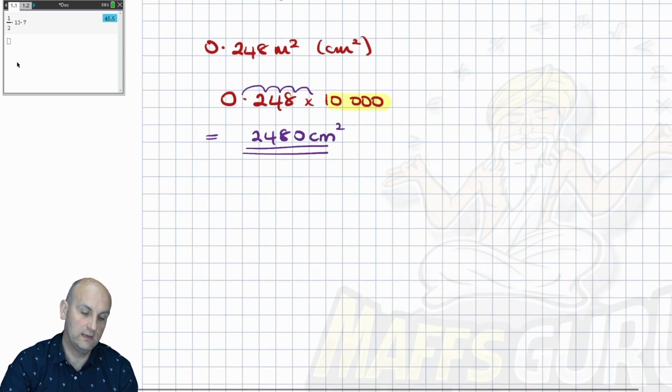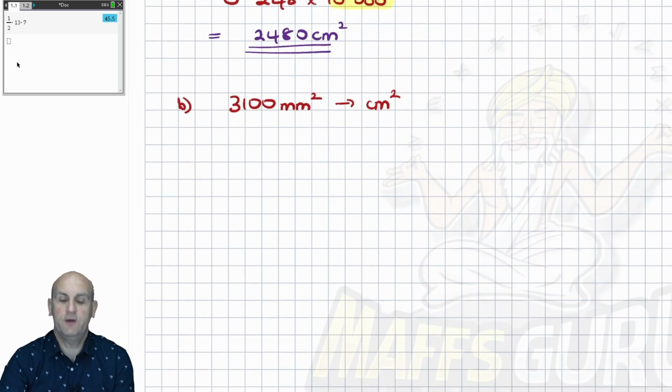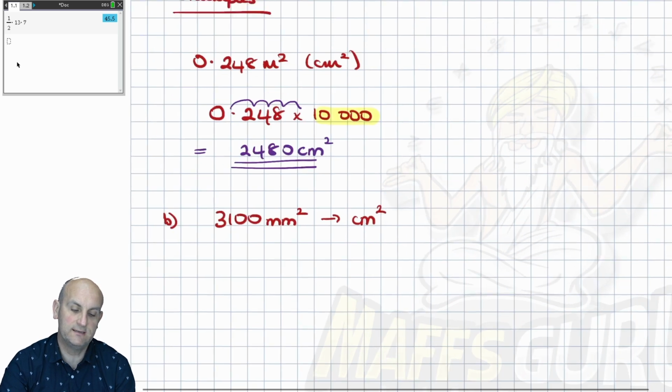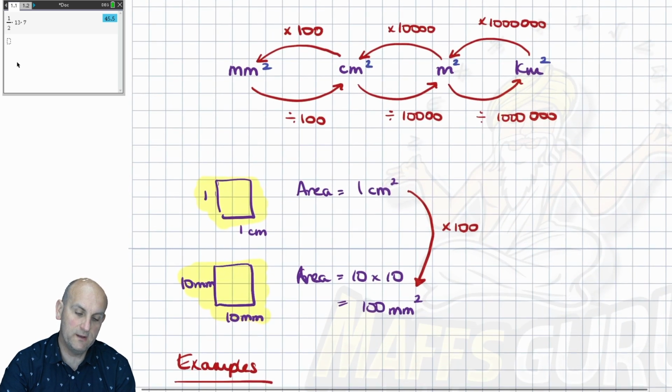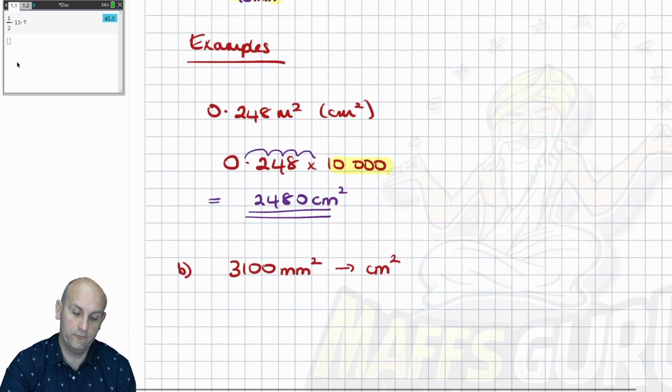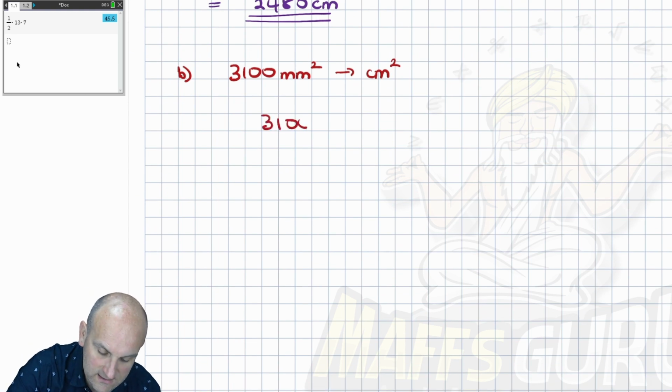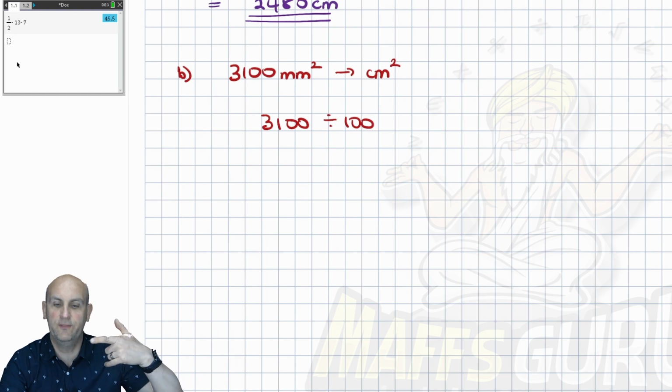Now, if you're not sure about the whole bouncing decimals thing, I've got videos on it, but it's really, really important. And a final example, let's turn 3,100 millimeters squared into centimeters squared. So scrolling up, millimeters squared into centimeters squared, you are going to divide by 100. So 3,100 divided by 100. When I divide, I move my decimal point that way.